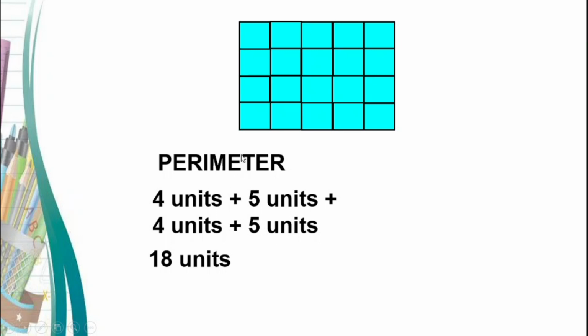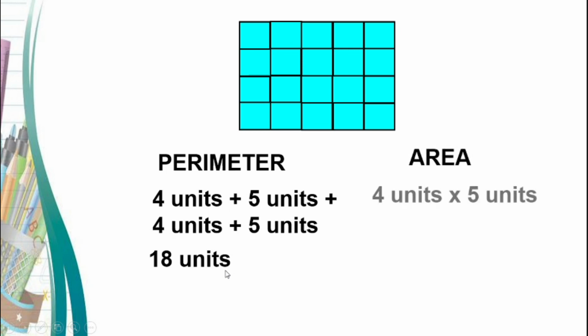So 4 units, we have 1, 2, 3, 4. This would be the side. And 5 units, we have 1, 2, 3, 4, 5. And another 1, 2, 3, 4, 1, 2, 3, 4, 5. So the sides are 18 units.